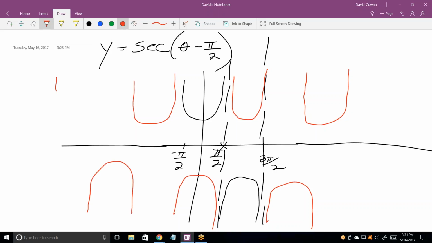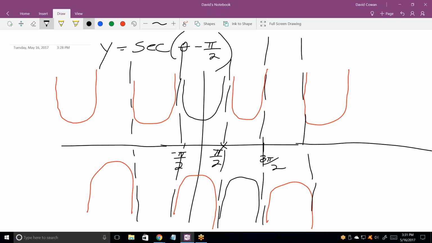I'm not sure we have a full cycle on the ends or not. Let's figure it out. And the way to figure it out is your vertical asymptotes. So what are my new vertical asymptotes?